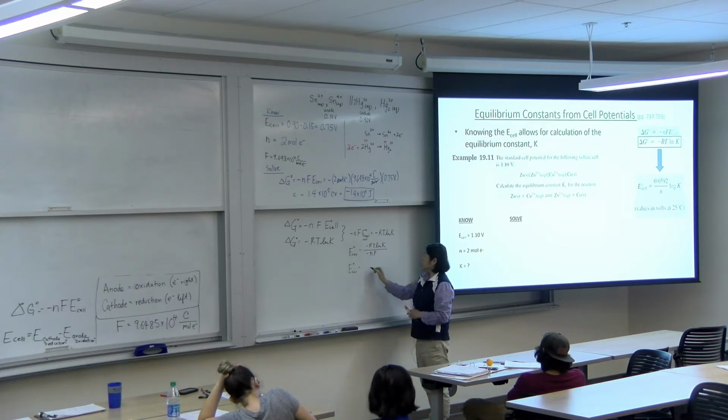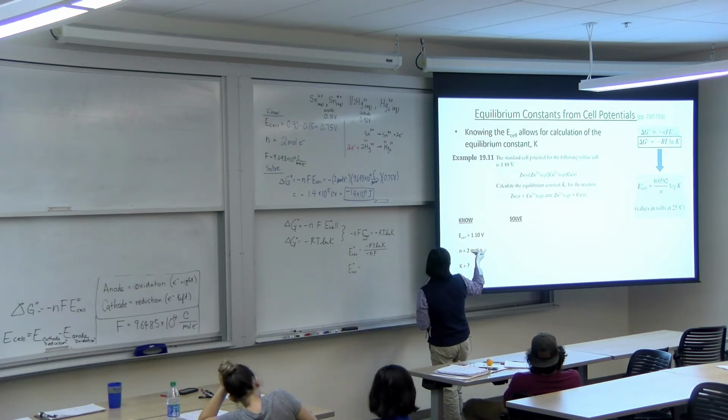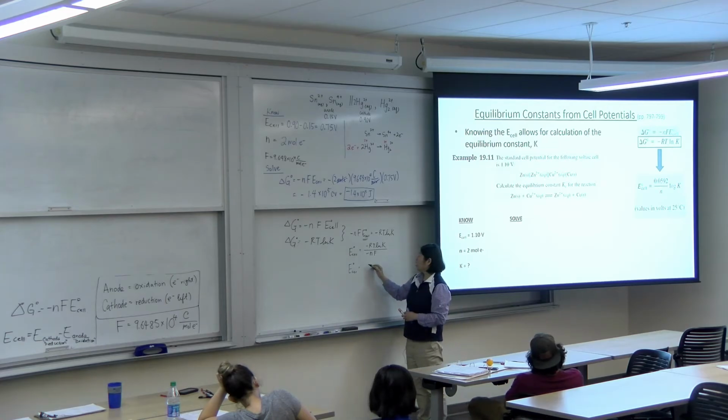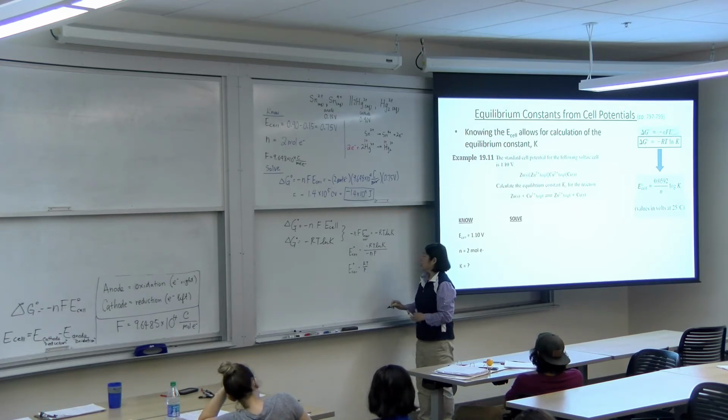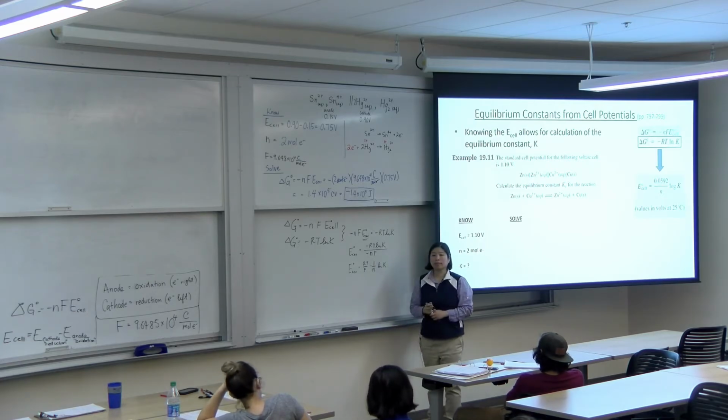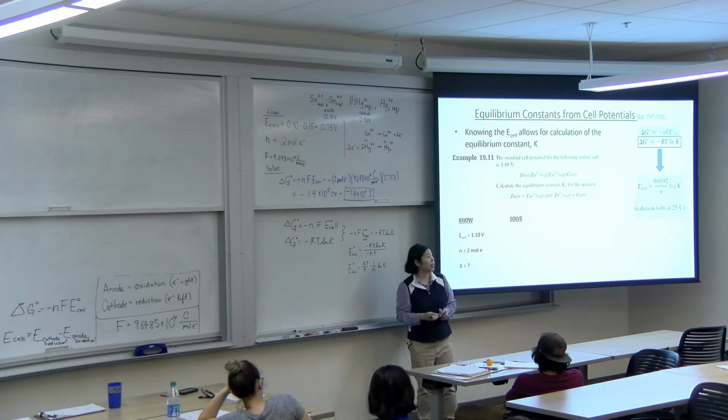It is really equal to, and I'm going to pull out everything that is a constant, so my equal signs are gone and my negative signs are gone, RTF, and then I have 1 over n, because n is on the bottom, and then ln of K. Is everyone with me? Okay?